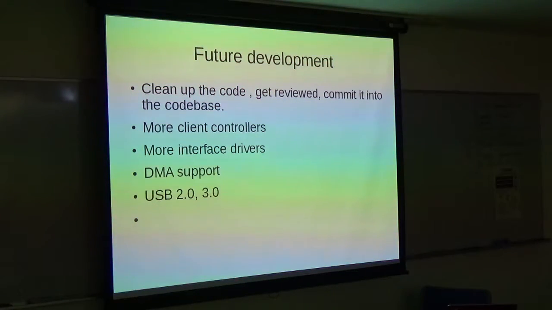Other than that, probably the USB controller takes care of it, so this will not be a very difficult thing. And of course, we want 3.0. I'm not familiar with USB 3.0 yet, but I know that we need one more descriptor for this. So there is lots of work to be done. Anyway, I need to clean up the code and push it to the code base so that anyone can help with this.